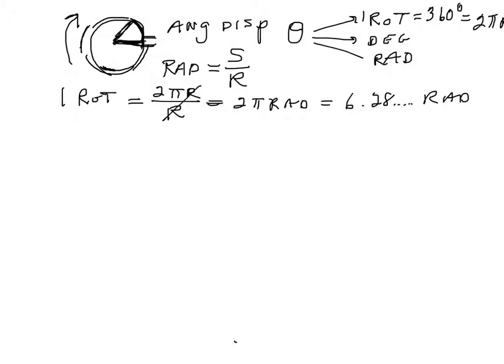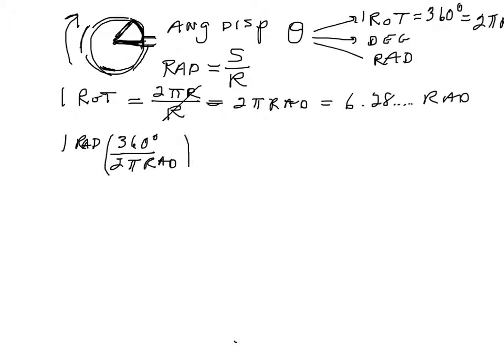So, just out of curiosity, what is 1 radian? Well, we can use our conversion factors that I've written up there. 1 radian, I want to change radians to degrees. So 360 degrees divided by 2 pi radians. 360 degrees is equal to 2 pi radians.